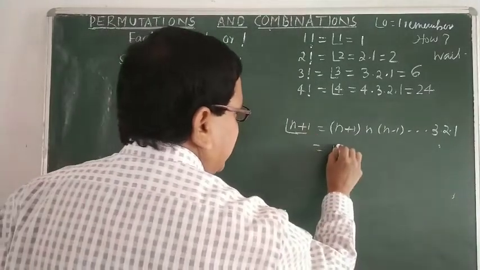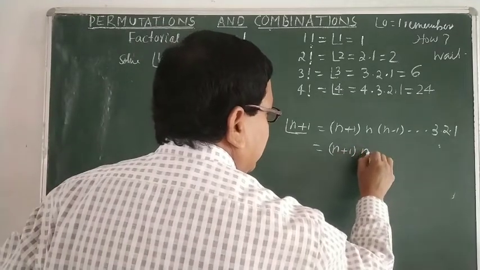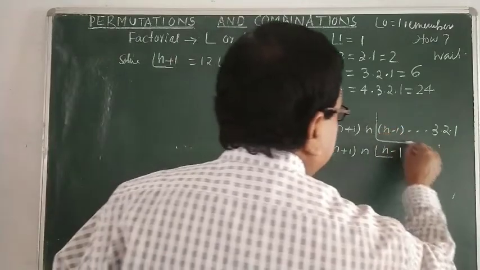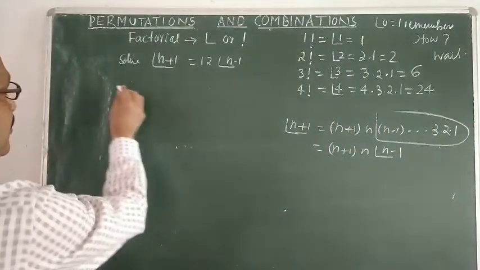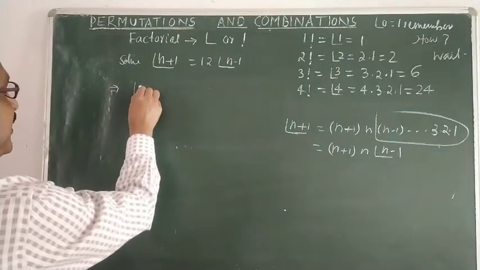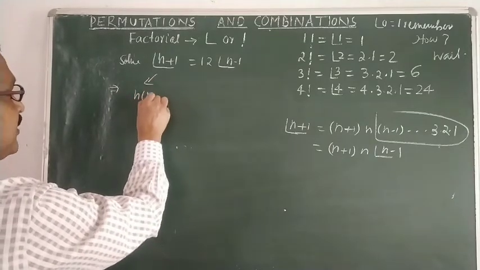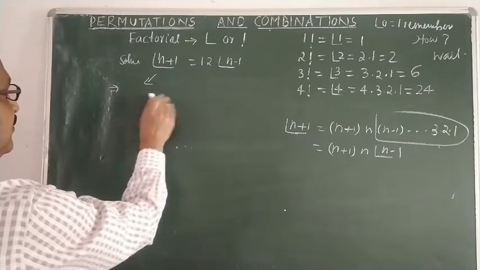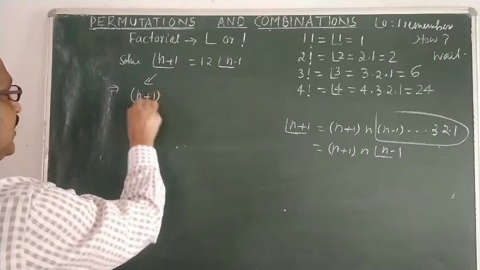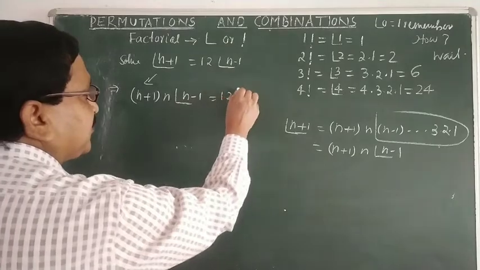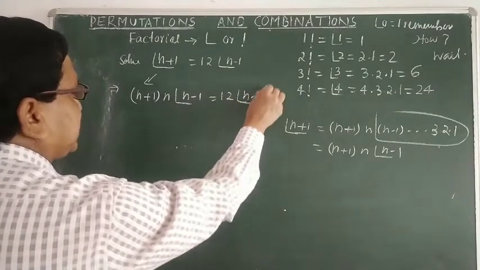So this can be written as n plus 1 into n, after that n minus 1 factorial. This is separated. So factorial n plus 1 can be written as (n plus 1) into n into (n minus 1)!, equals 12 into (n minus 1)!. So this is cancelled.